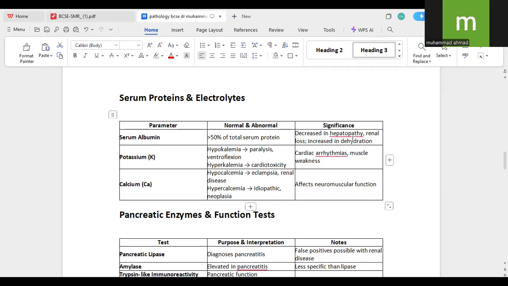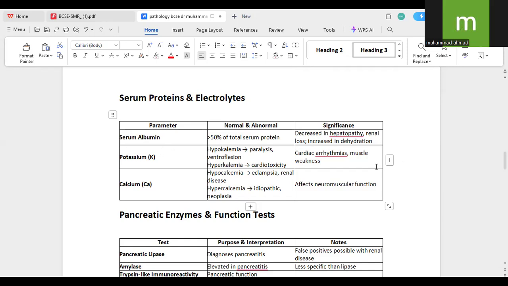So the total volume of the blood decreases, but there is the same amount of protein. So in dehydration, there is increased albumin. But in dehydration, basically, the liver produces more protein, more albumin, so more water will come into the veins.